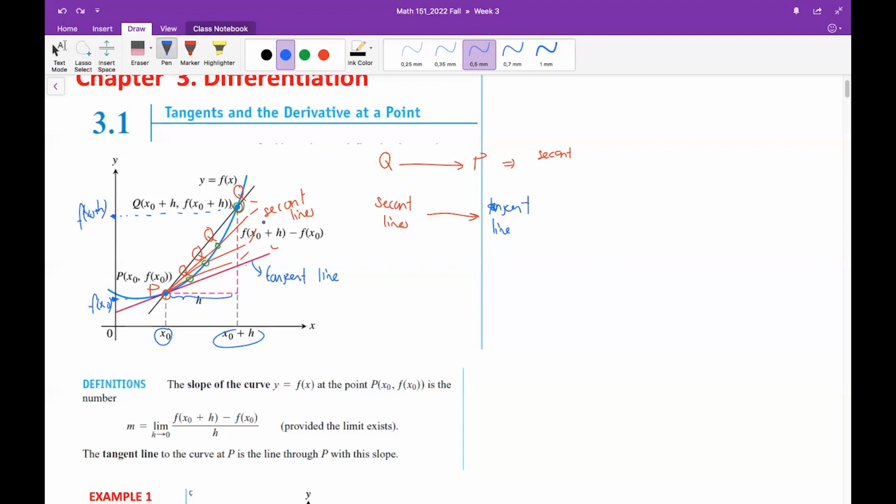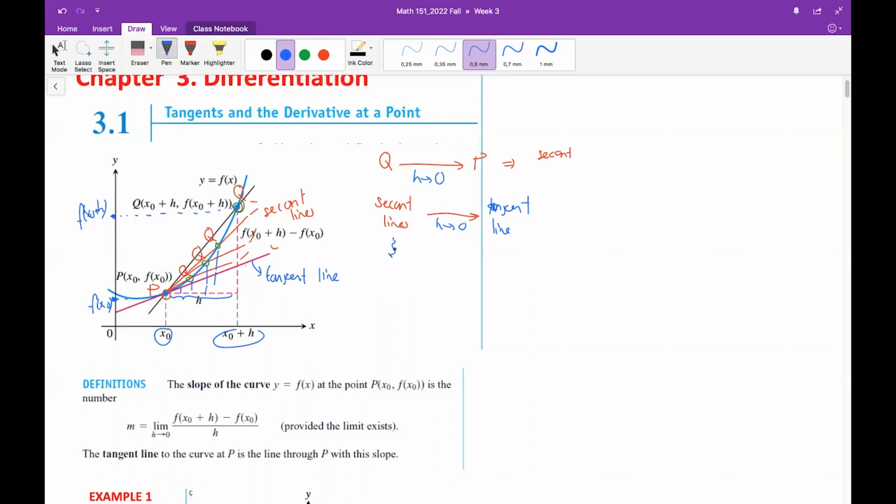So as Q moves towards P on your curve, what happens to h? As you can see, at every step you get a smaller h, so that h goes to 0 when Q goes to point P. Okay, so as h goes to 0, all the secant lines approach this particular pink line, which is the tangent line.